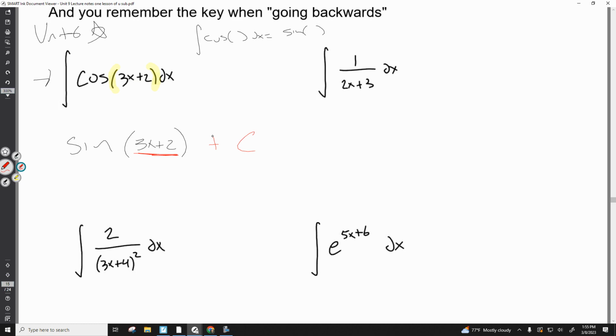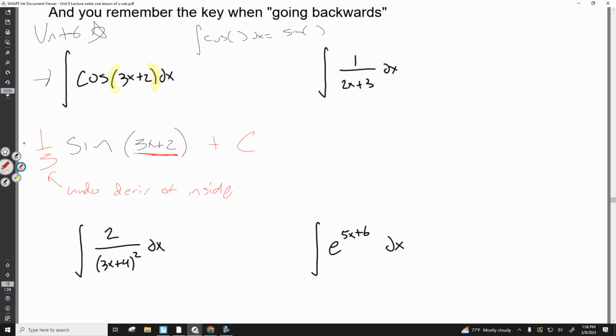What did I forget? Look at you guys, you're ready for today's lesson. You know, because of the chain rule, that the derivative of the inside produces a 3. We need to undo the derivative of the inside.